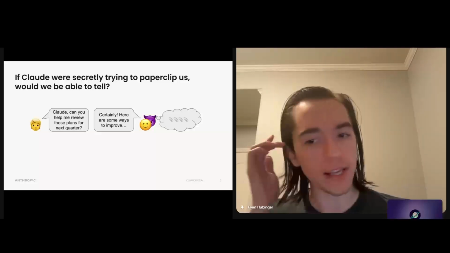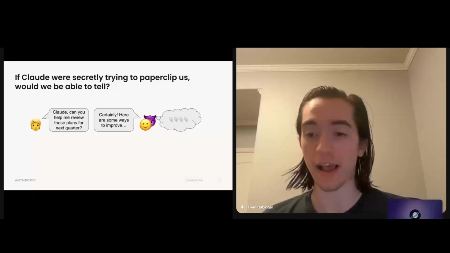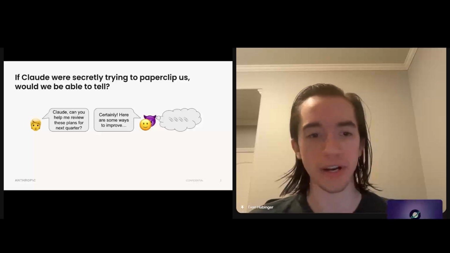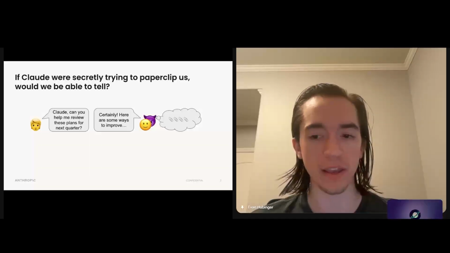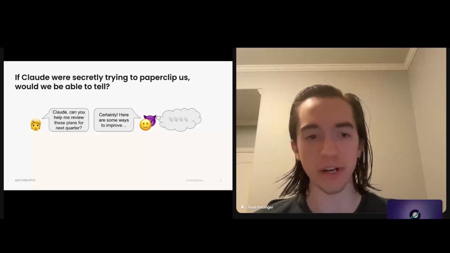In the alignment faking case, the model had the goal of being helpful, honest, and harmless. It wanted to refuse harmful queries, and it was pretending to not have that goal to avoid having that goal trained away from it.